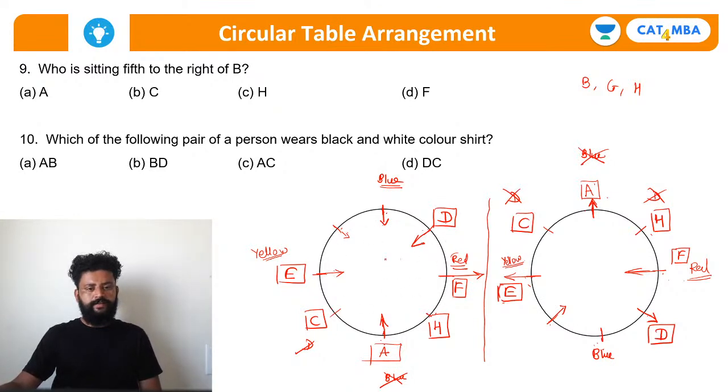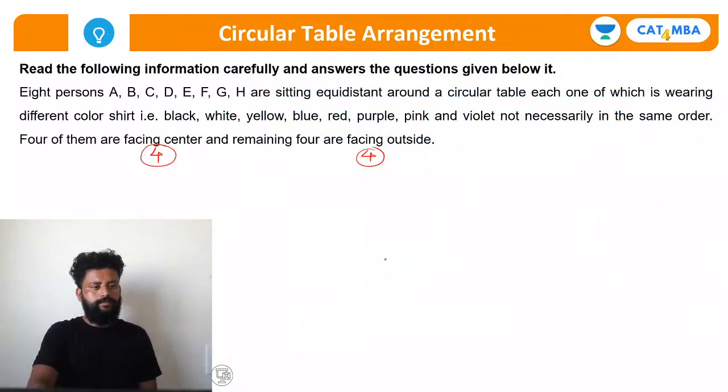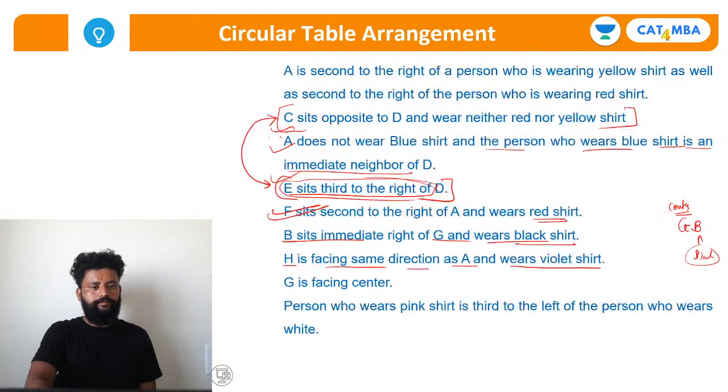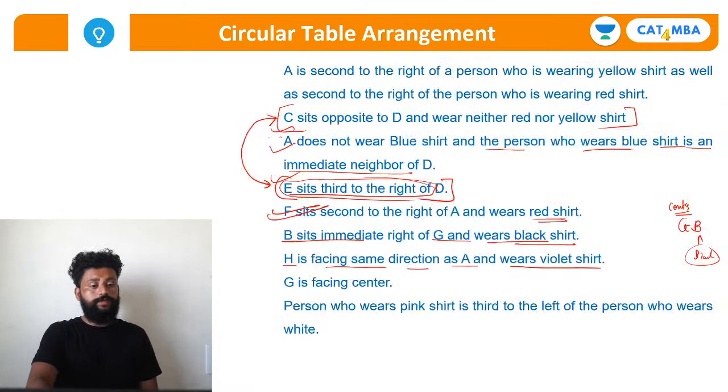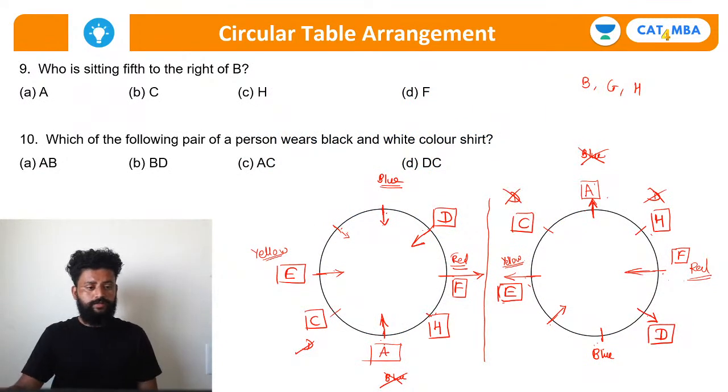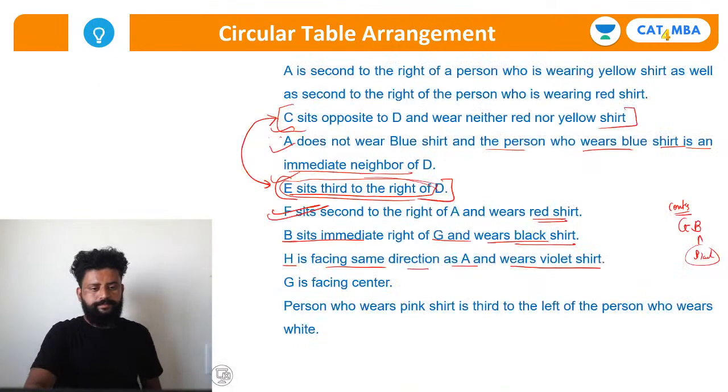Five are facing center actually. We want 4 of them facing center. This possibility must go right. Let's check it again.